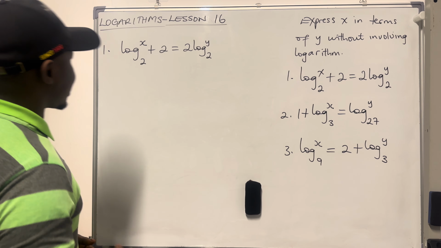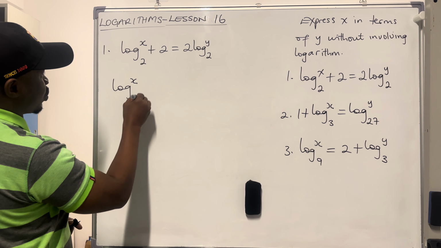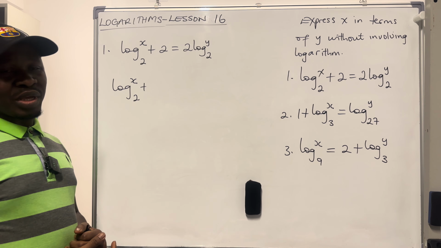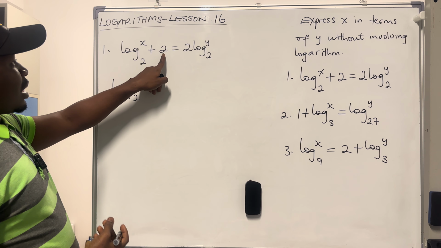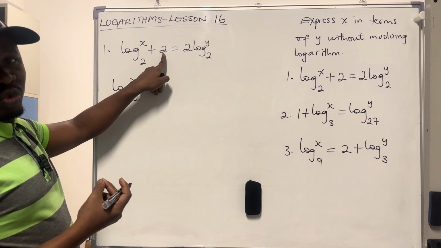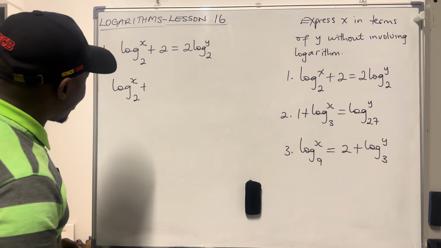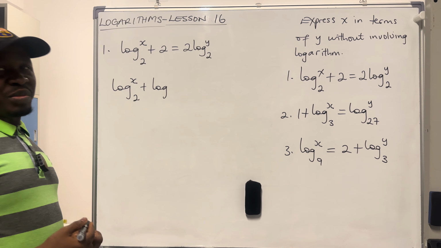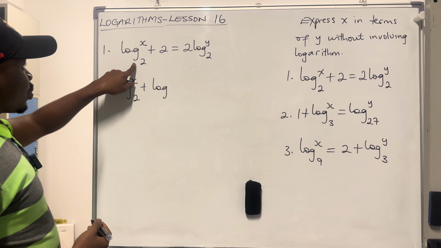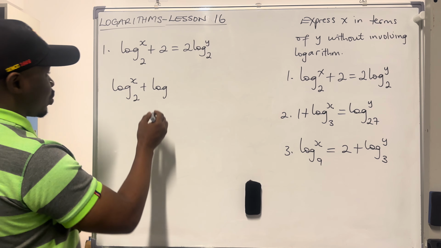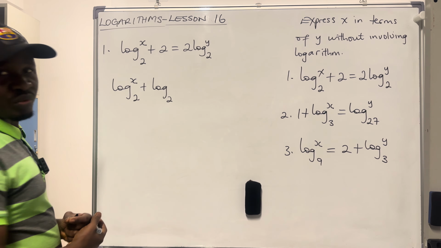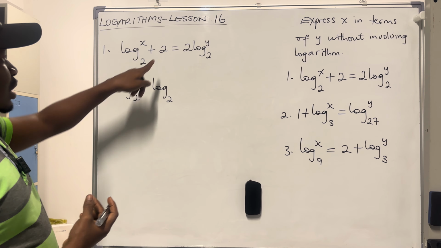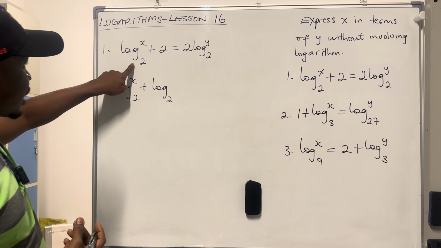So we say log x base 2. How can we make a single number become a log? What we do is we say log. Now it depends on the base. The base here is 2, the base here is 2. So it has to get base 2 again, not because it is 2, but because the base here is 2.